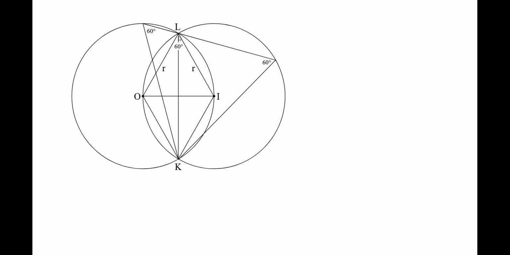Also, you can derive this in another way. Like LIK is 120 degrees. So since LPKI is a cyclic quadrilateral, LPK has to be 60 degrees because it's 180 minus 120, which is 60. So that's why, yeah, we have K, and this is supposed to be point P or Q. So this is also supposed to be 60 degrees, right?